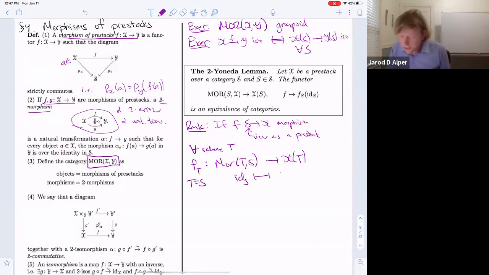And so this does map to F of S, identity of S, and this is an element of X of S.